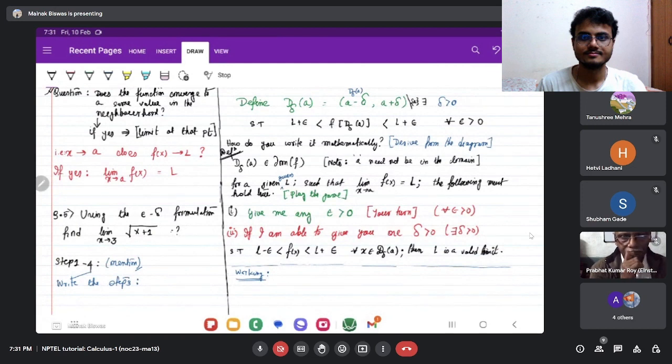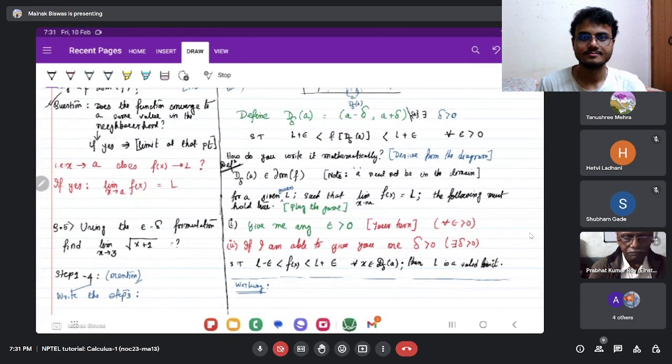So the game is, say I give you an epsilon, any epsilon I like, or you select an epsilon, whoever wants to, either of us selects an epsilon. Whether I am able to find a delta greater than 0 such that this condition holds is the game we'll play.